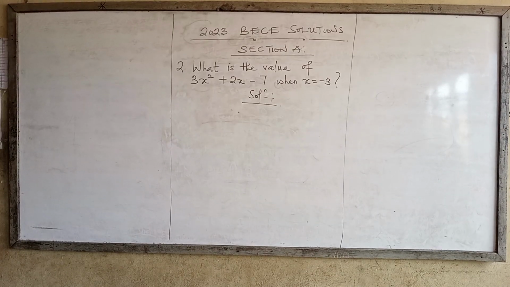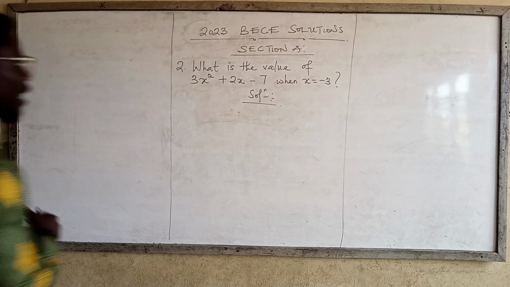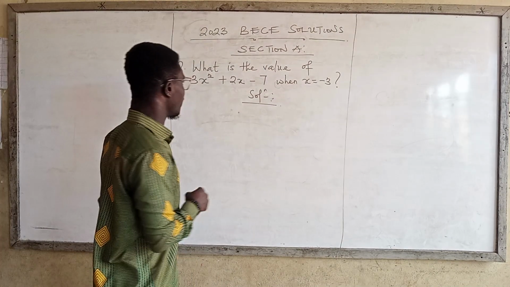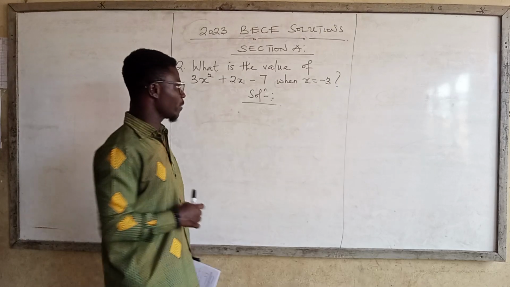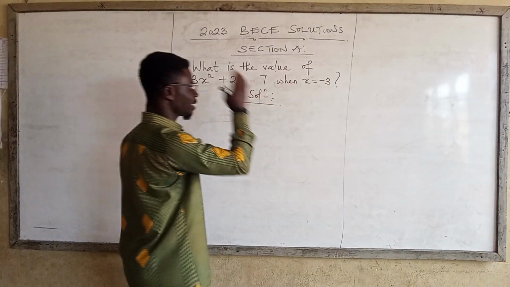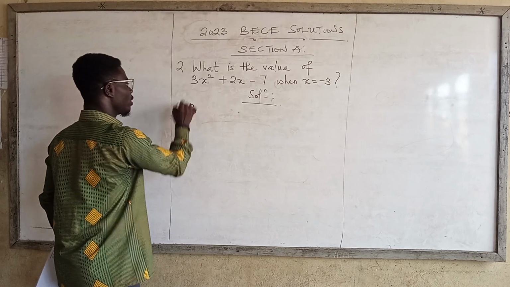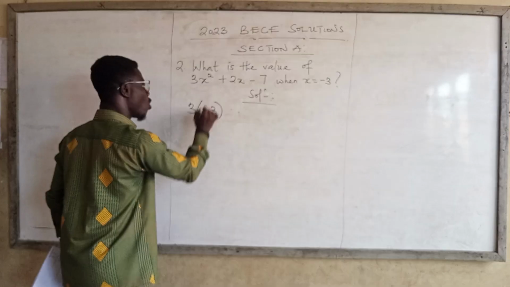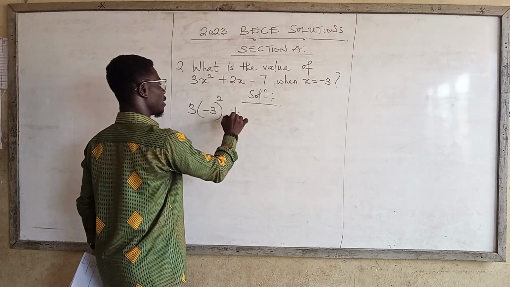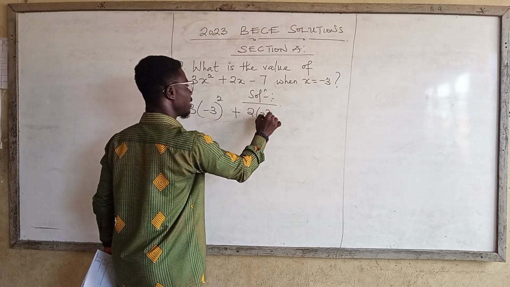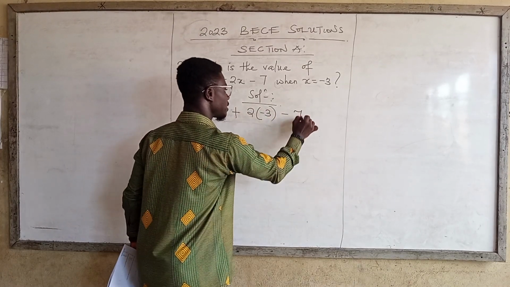Question 2. What is the value of 3x squared plus 2x minus 7 when x equals negative 3? This time we have substitution. Wherever you see x, we substitute in negative 3. So I have 3 multiplying negative 3 all squared plus 2 multiplying negative 3 minus 7.